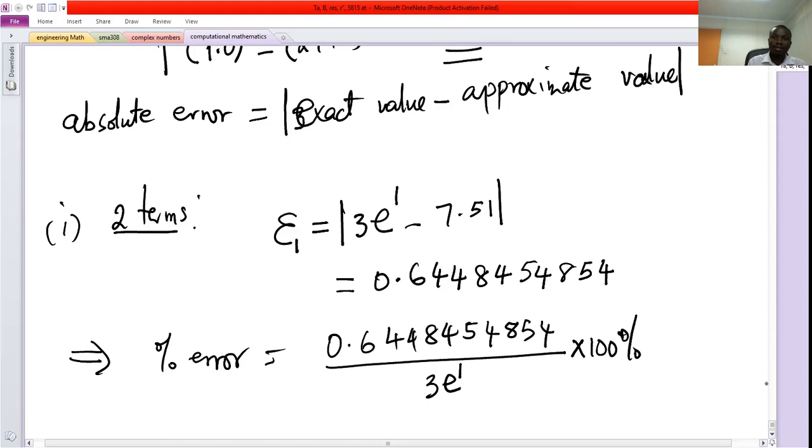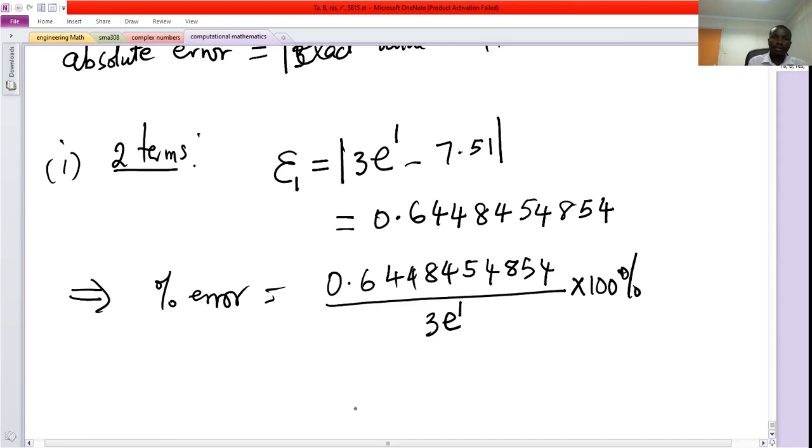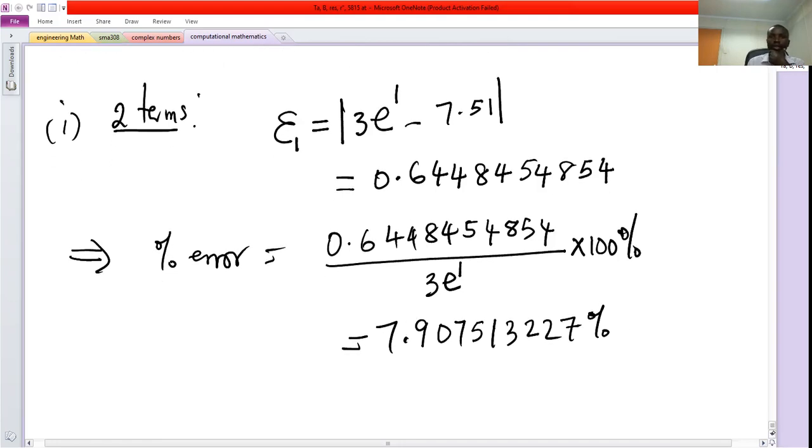When you work this out, you should get 7.9075132227%. So that's the error and percentage error in the first case when we are using only two terms.